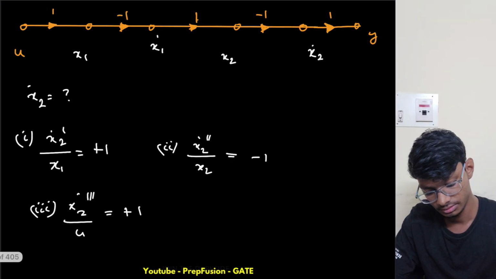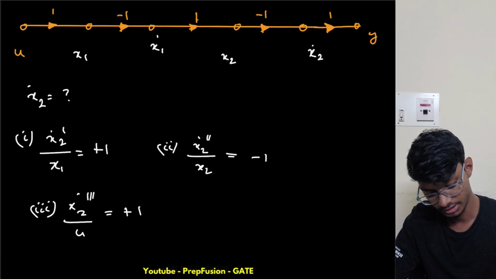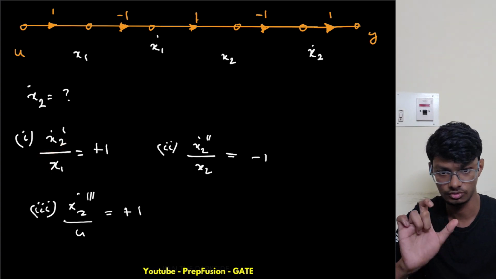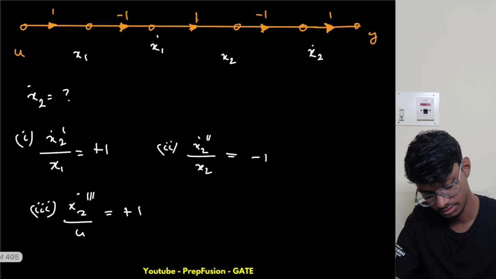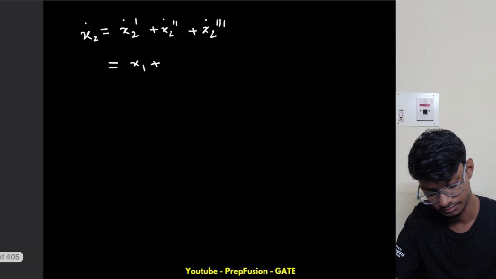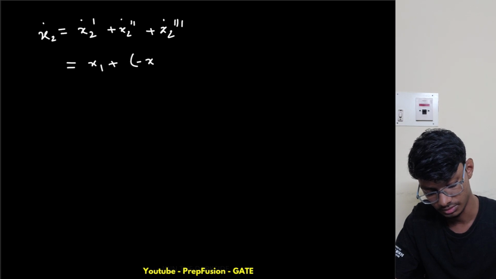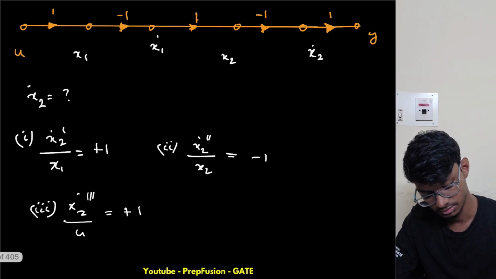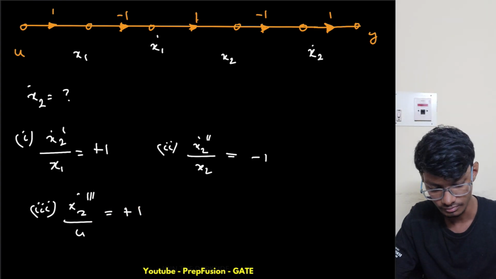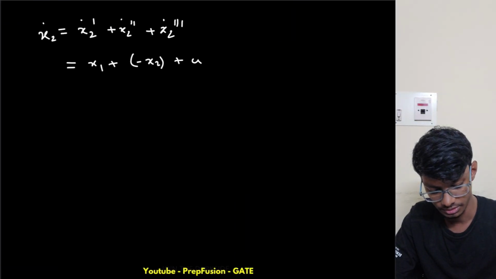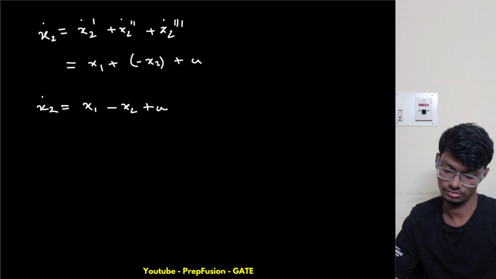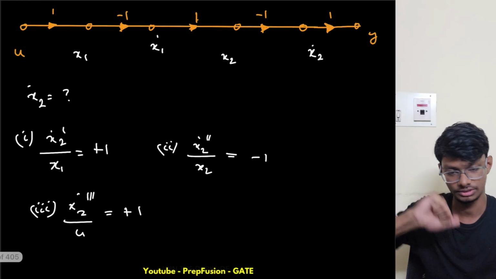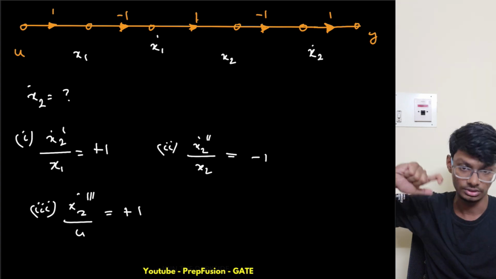So what do I get? x2 dash is x1, so x1, plus this is minus x2, plus this is plus u. So my x2 dot equals x1 minus x2 plus u. This is a state equation. Now let's do the output equation.